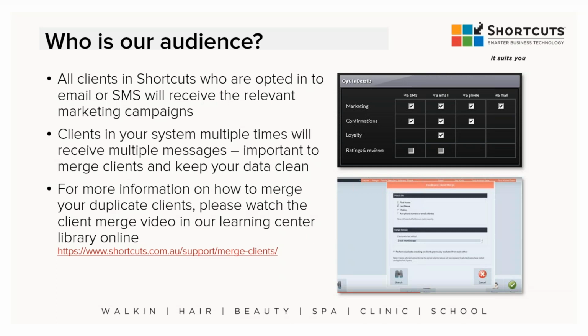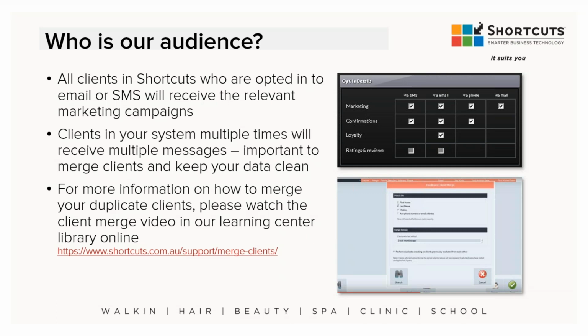So a customer, whether they have a text or an email, can actually choose what their options are. Perhaps you have a customer that wants to get email marketing, not text marketing, but they want to get text confirmations. So from the client card, you can actually check and uncheck those settings.